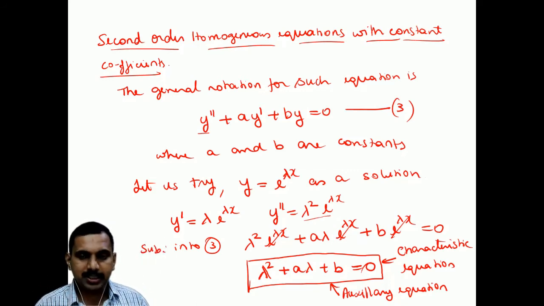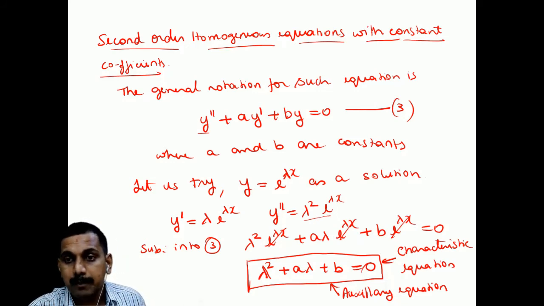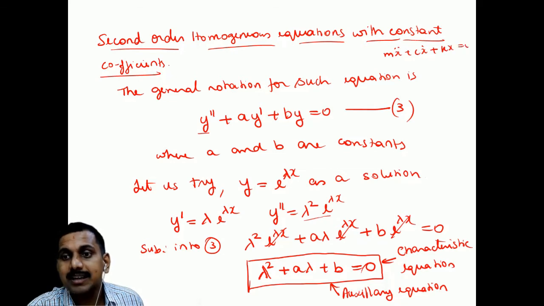Okay, I will tell you something much more important. This has a wide range of application in vibrations. Because in vibrations what comes is m x double dot plus c x dot plus k x is equal to 0, of this form, where m, c and k are constants.